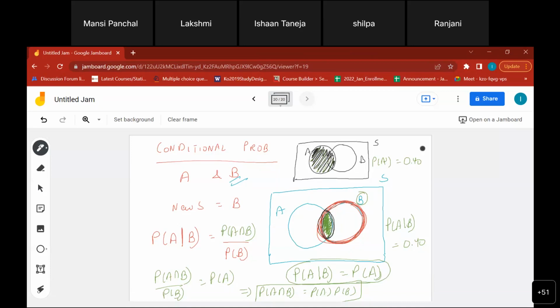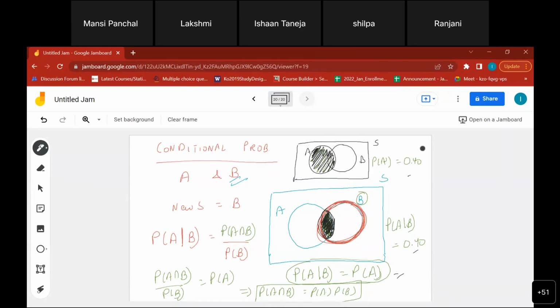And this area is 40% of the new sample space. Okay, so the percentage remains the same, but the elements reduce. Yeah, it doesn't matter, because my chances are still the same, still 40%, even though B has occurred. Okay, I understand. That's why they are independent.